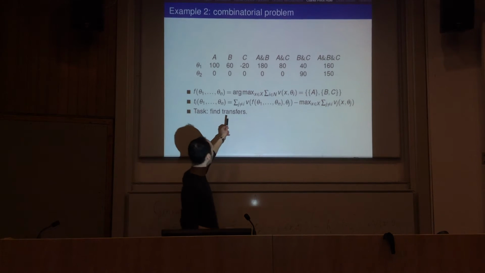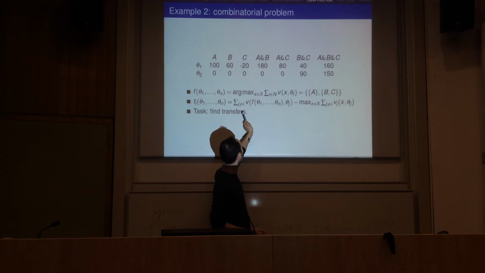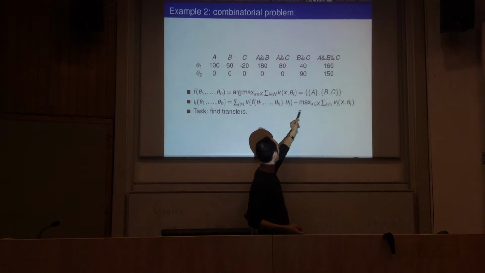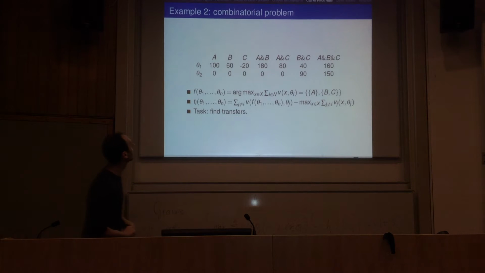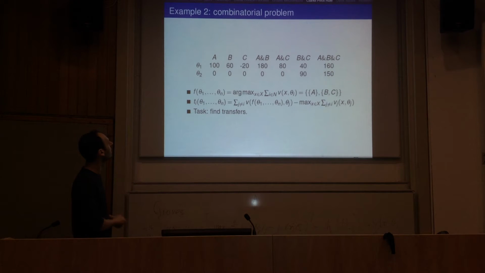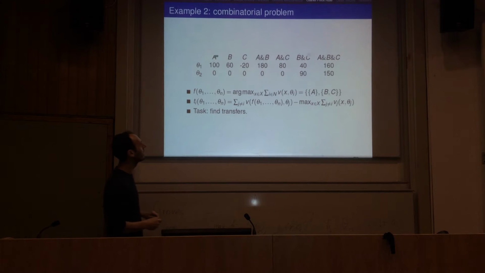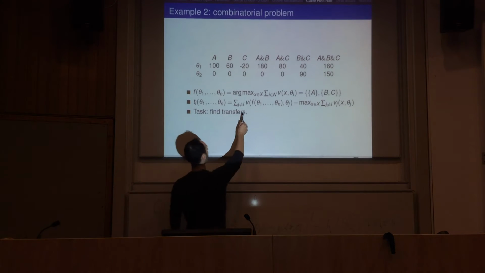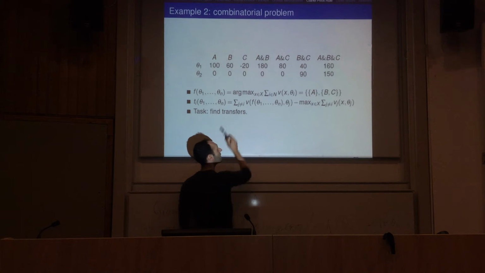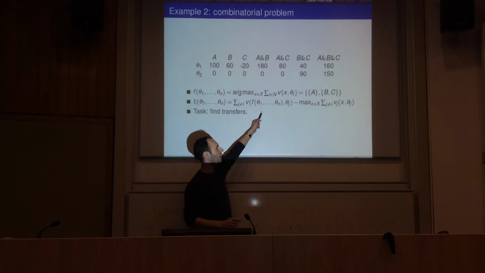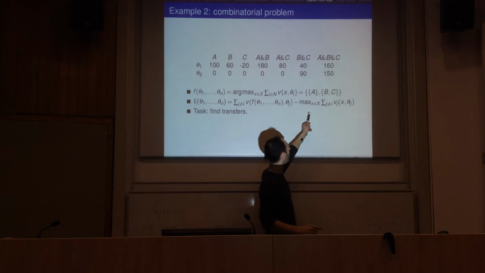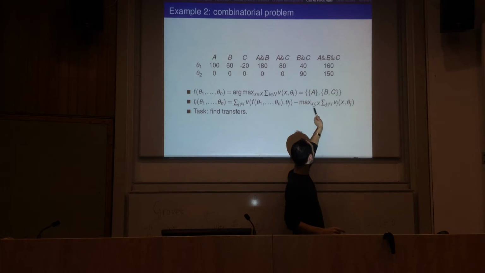For ease of reference, I've put the equation on there. Here f gives us the optimal allocation with all the agents in it. We are summing the values of all the agents except agent i of the optimal allocation with agent i, and then we are making a new allocation without agent i.